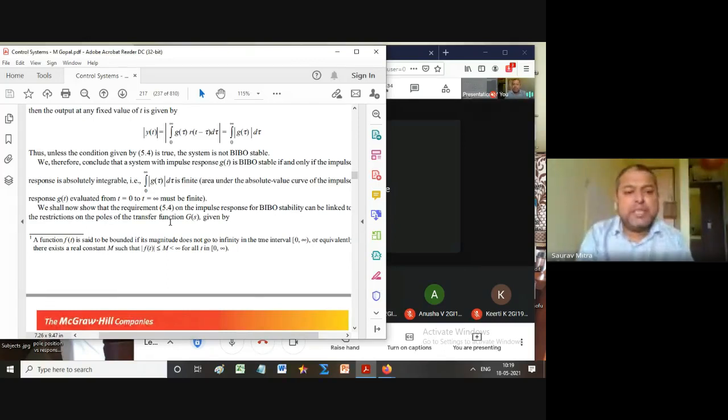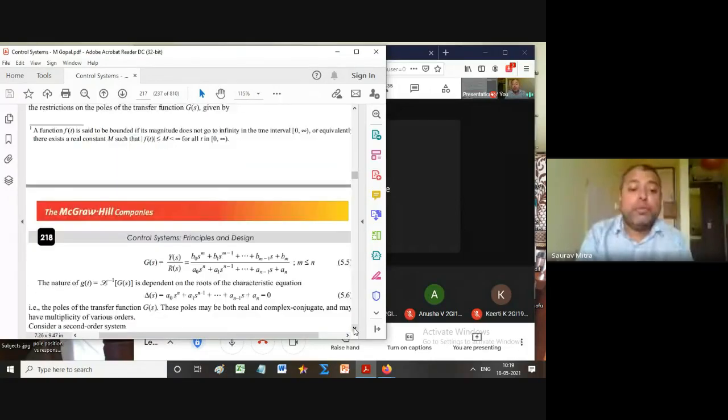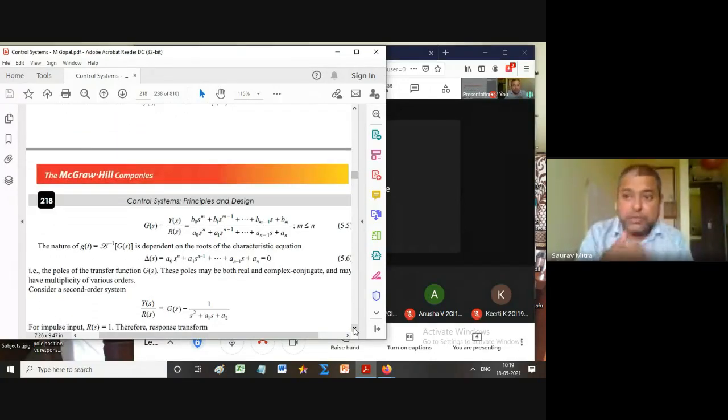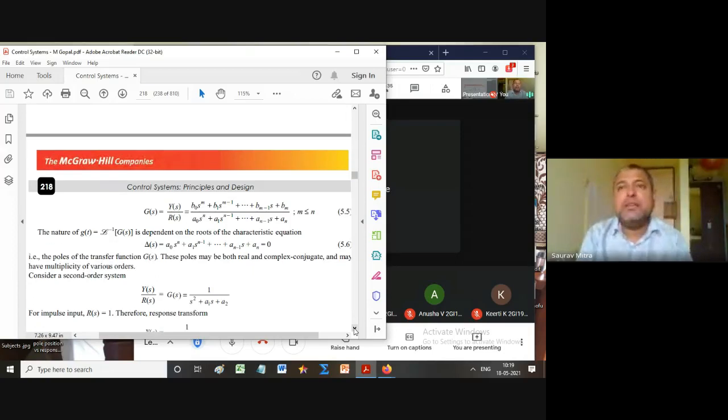So we shall now show that the requirement of impulse response BIBO stability can be linked to the restrictions on the poles of the transfer function G(s) given by. So what is the pole position? This is what we are going to see today. What is the pole position that will give a finite system impulse response? And you know already the condition that if the poles are in the left hand side of the S plane, then only the impulse response of the system is going to be finite.